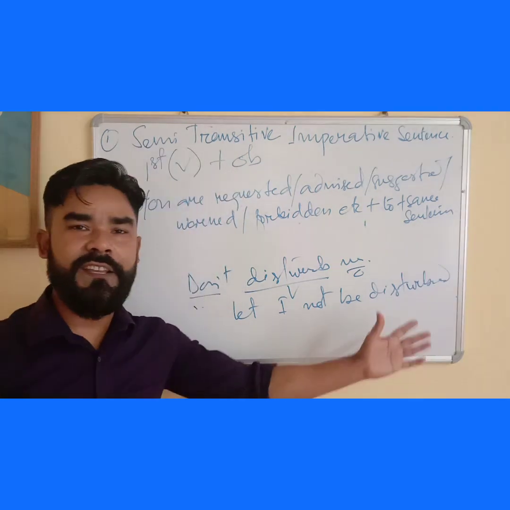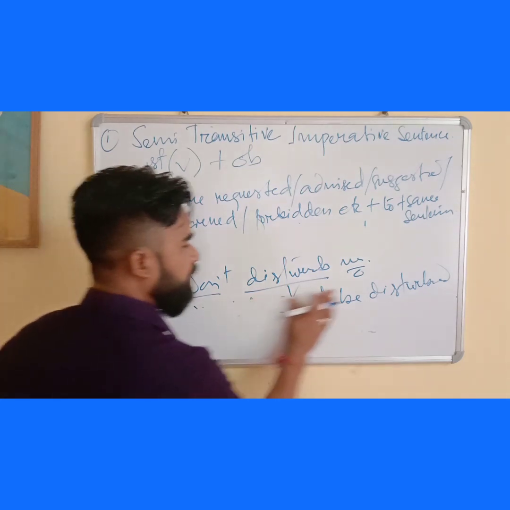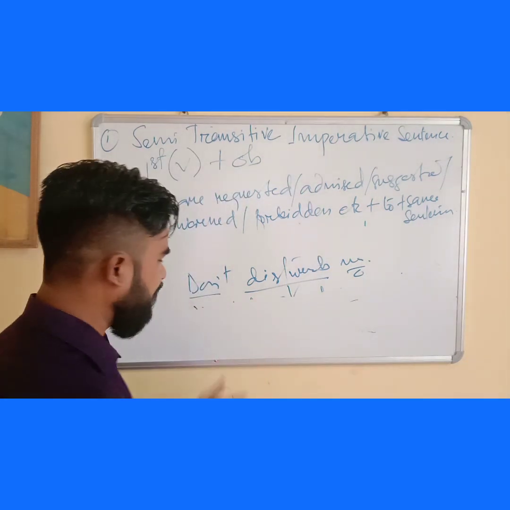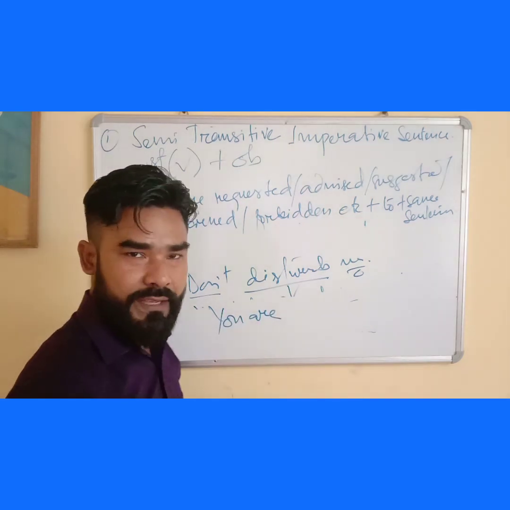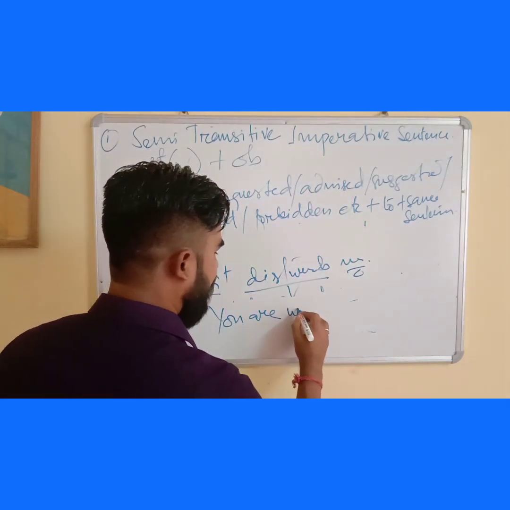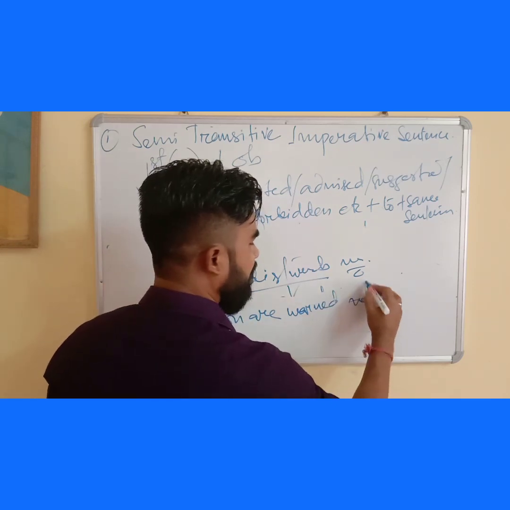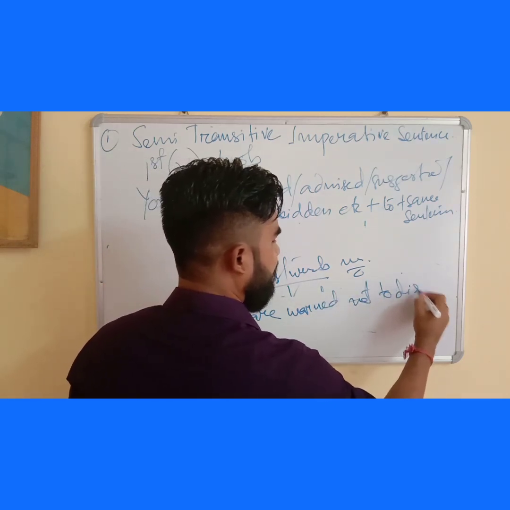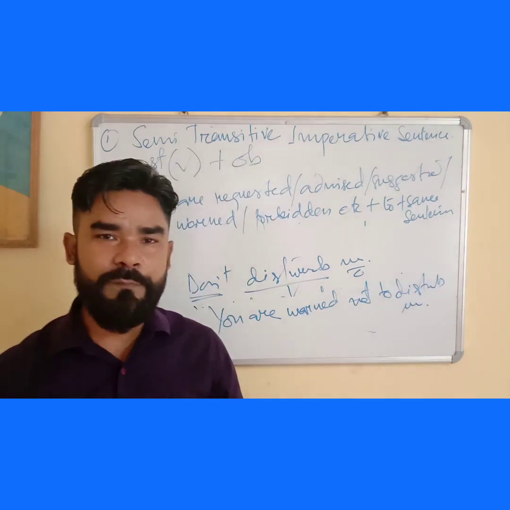It's quite easy, but you can make it in another system, like an intransitive formation. "Don't disturb me" is a kind of warning, so you can use "You are warned." Then "don't" will change into "not to disturb me": "You are warned not to disturb me."